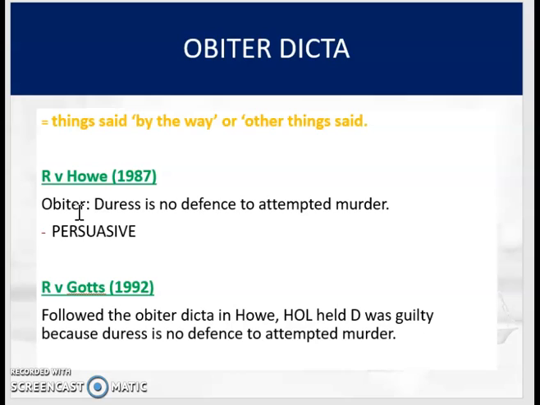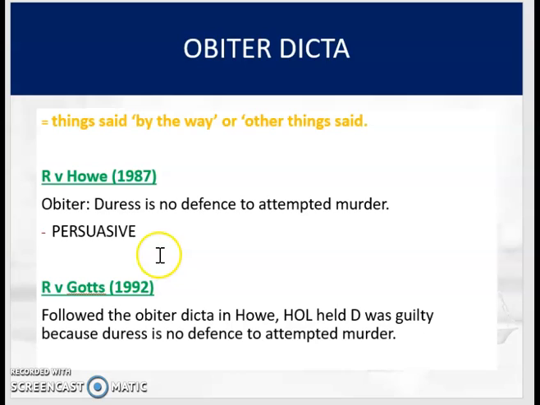But if you think about that, if you've got a House of Lords judge who at the time, you know, highest judge in the land, saying that he thought this might be the case, then you can see how a judge in a later case might choose to follow that obiter, even though they don't have to. And because it's quite an important judge saying it, it's persuasive.